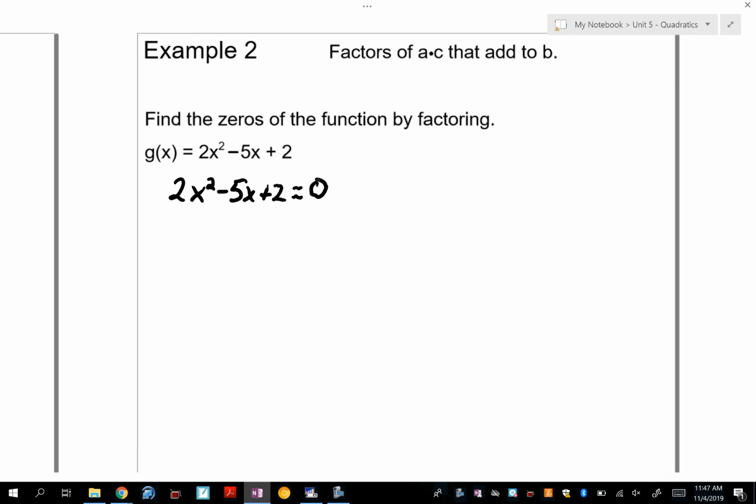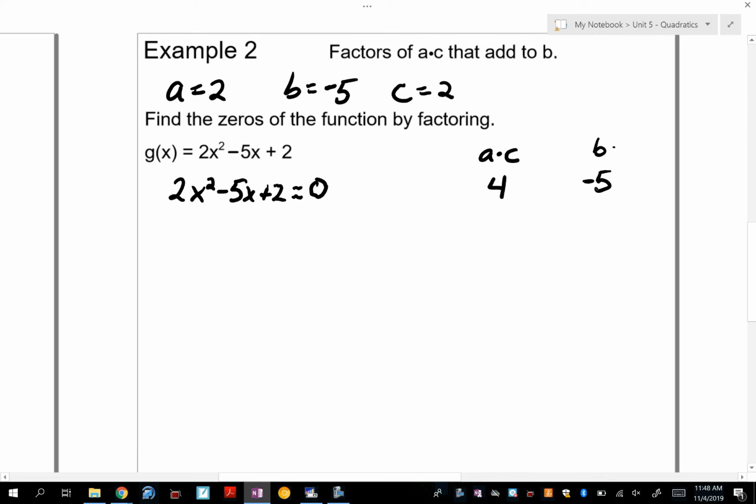Now, it's in standard form. What is A, B, and C equal to? A is 2, B is negative 5, and C is 2. I'm going to use my same process so far. What is A times C? It's a positive 4. 2 times 2 is 4. What is B?